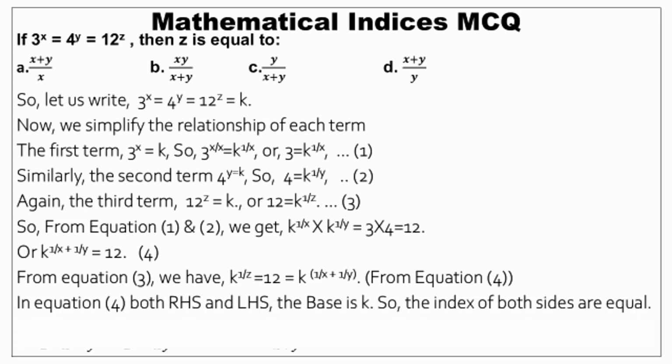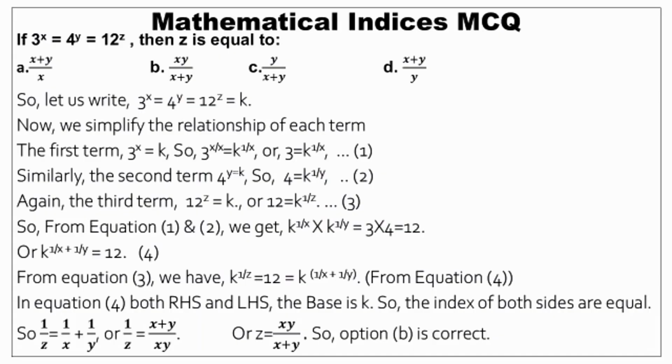In both the left hand side and right hand side, the base is k. So the indices of both sides are equal. So we get an equation from the indices of both sides: 1 by z is equal to 1 by x plus 1 by y, or 1 by z is equal to x plus y by xy, or z is equal to xy by x plus y.